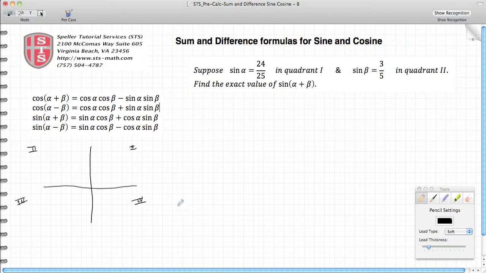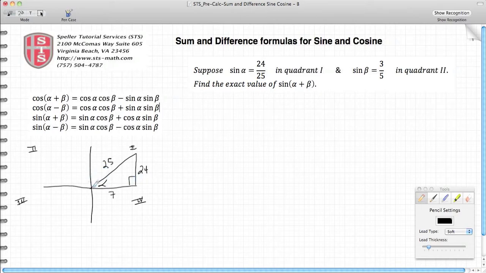So now we're going to take what's given, sine of alpha in quadrant 1. We're going to create a right triangle here in quadrant 1. We know the relationship of sine, and we'll put alpha there. The relationship of sine is the opposite, 24, over the hypotenuse, 25. We know that this here is one of the special triples, which again is known from previous trig experience.